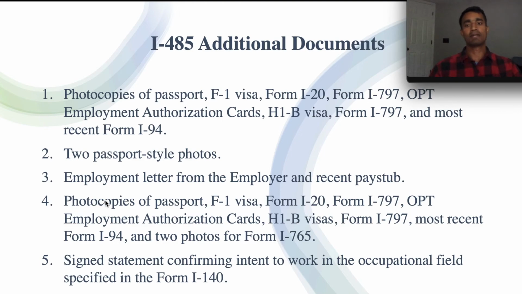So you need to send another set of copies of your visa, I-20, I-797 and so on, and also two photographs. Essentially, you will be sending two copies of all your documents. So this is it. These are all the documents that you need for your 485. It's a very simple process. You just need to compile all these documents together and send it.